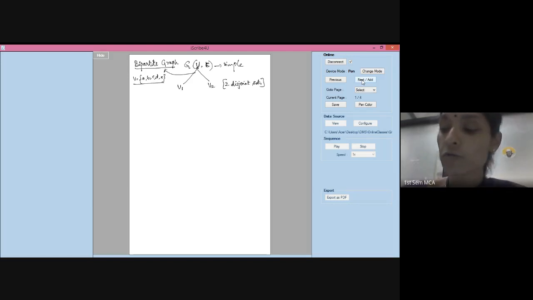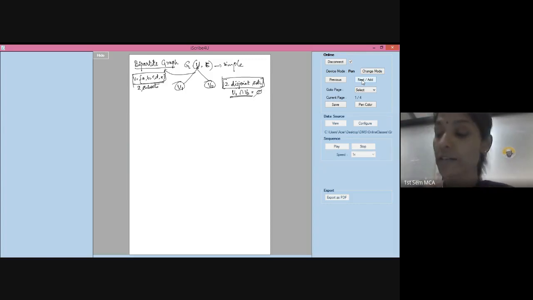I am going to divide this set into two subsets, let us say V1 and V2. These two subsets should be disjoint. Two disjoint sets means that if I take V1 intersection V2, I should get the empty set. That is what you call disjoint.